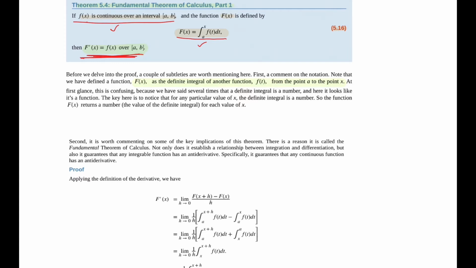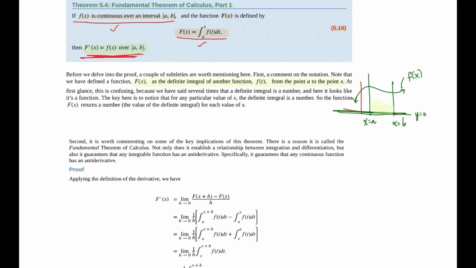Remember, the definite integral denotes the area of a region bounded by the graph of f of x, or y equals f of x, the line x equals a, the line x equals b, and the x-axis, or the line y equals 0.